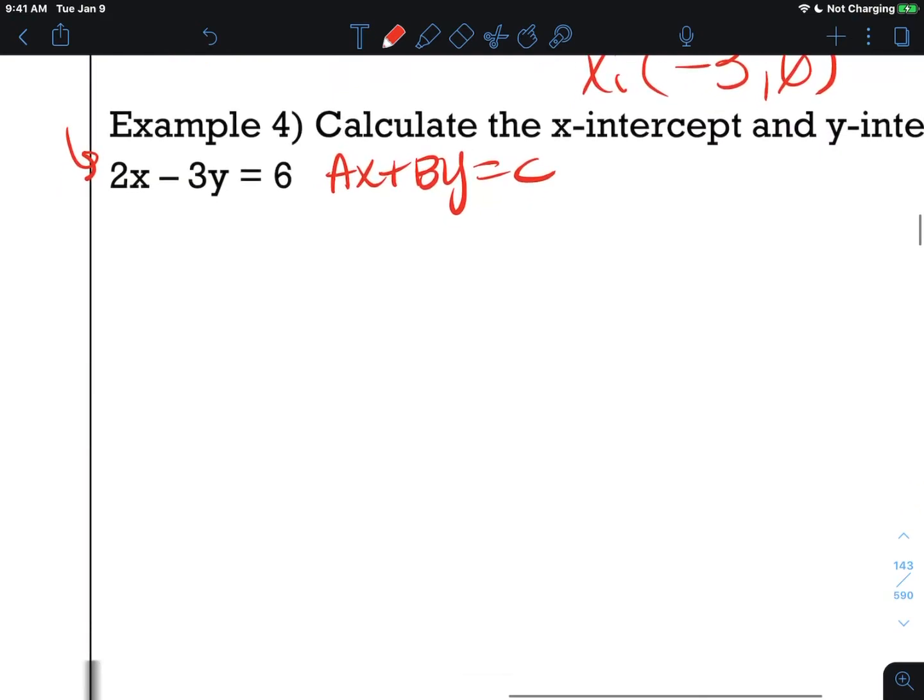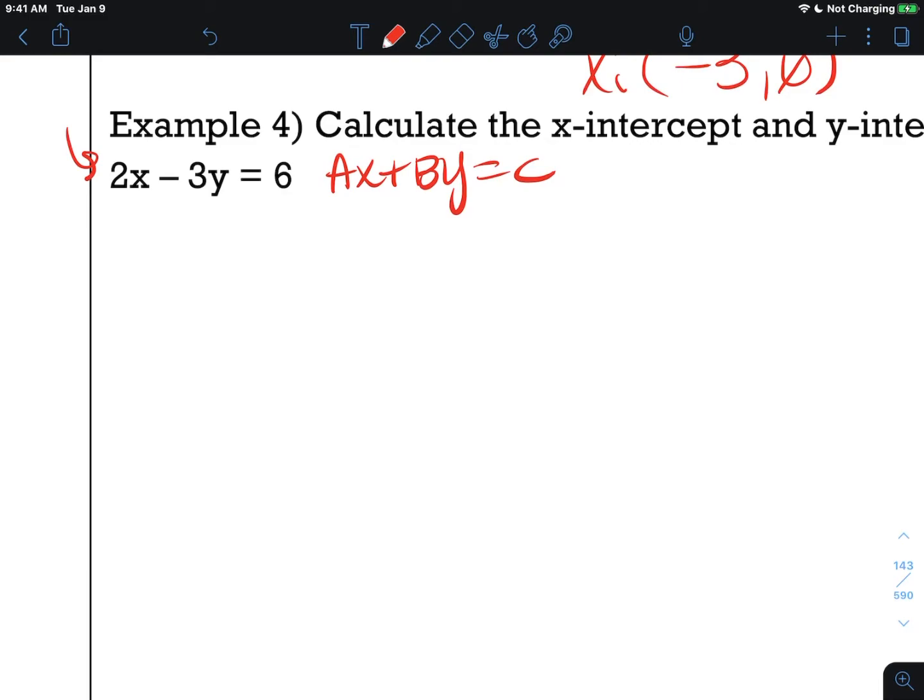In the same way, here, every single time, my y-intercept is going to be c divided by b. My x-intercept is going to be c divided by a. Okay? And my slope is going to be -a divided by b. Okay. So we're not going to worry about that slope for now.